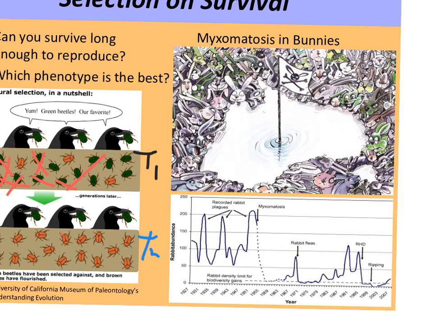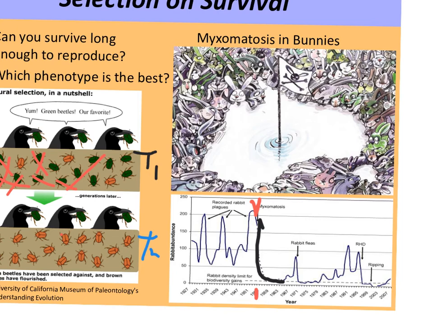So they introduced myxomatosis right here, 1955. This is the population. What happened? The population of rabbits took a dive. Then, eventually over time, the population kind of recovered.